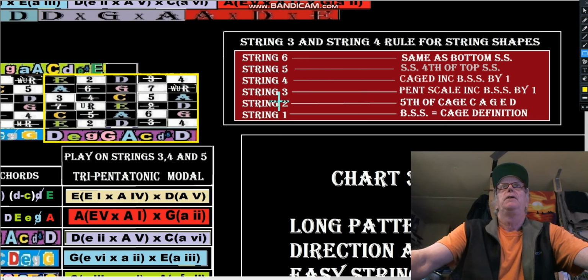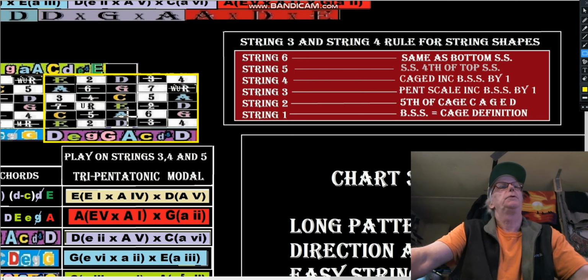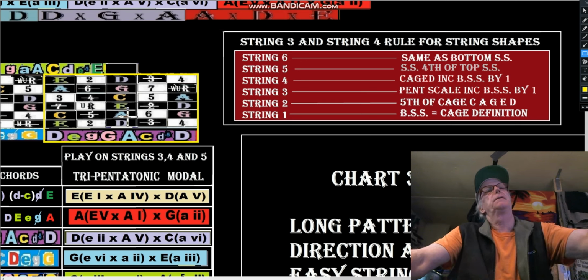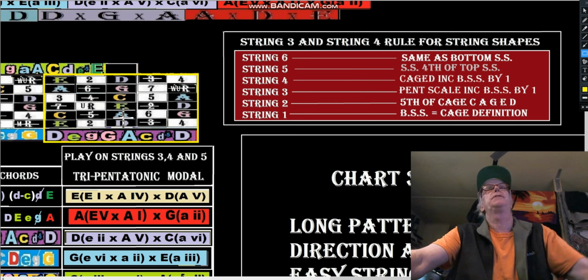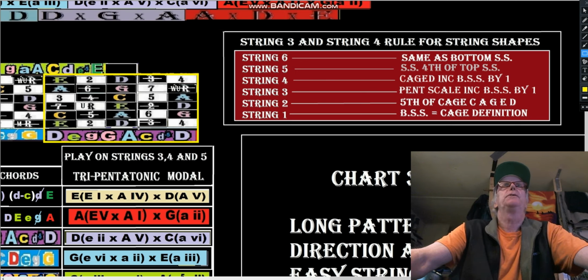Now string 2 is the 5th of that cage. So string 2 is the A. What's the 5th of D? It is A. So string 2 is going to be the 5th of that. As a matter of fact, every string up is going to be the 5th of the string below it.